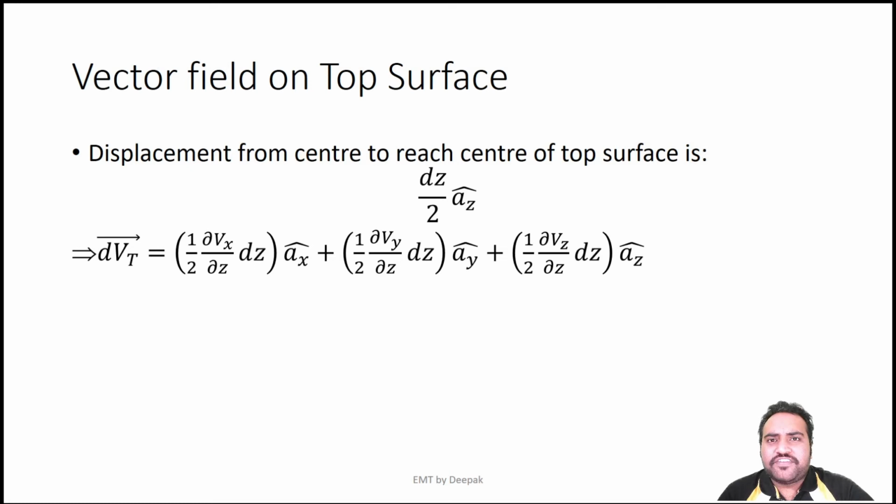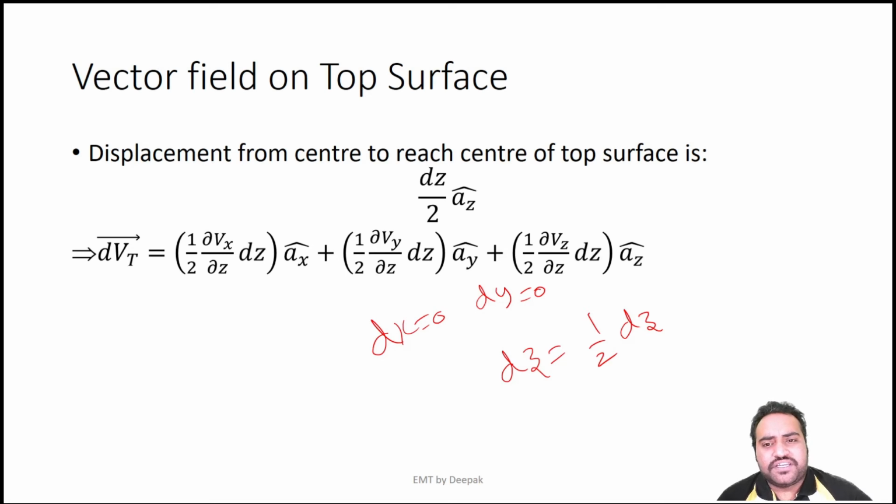You may look in the previous expression and there put dx equals to 0, dy equals to 0 and dz equals to 1 by 2 times dz. If you substitute these values in the previous expression, it will be this. So this is the change in the vector field if we are moving from center to the top.